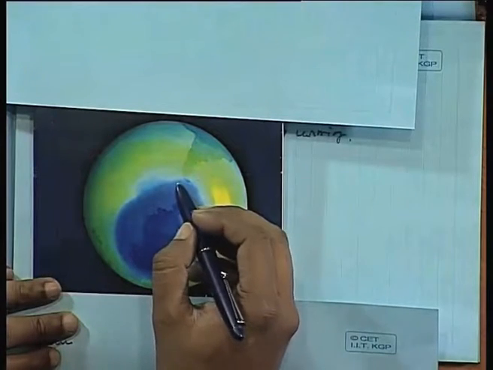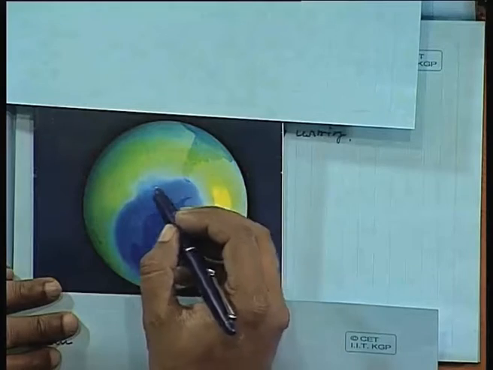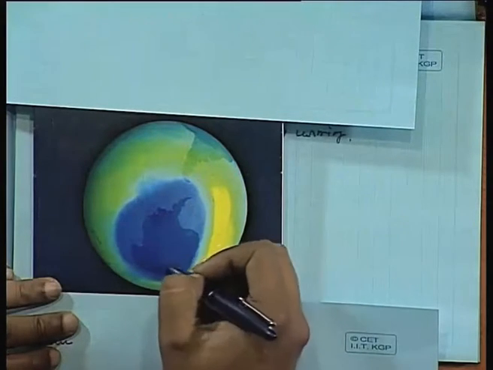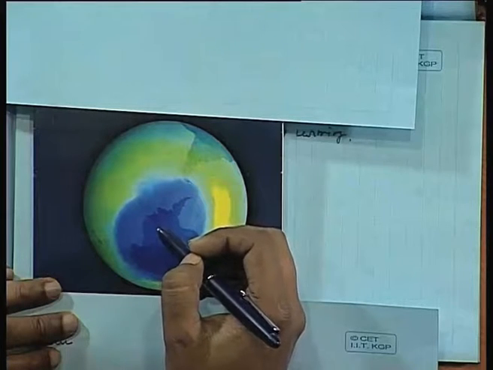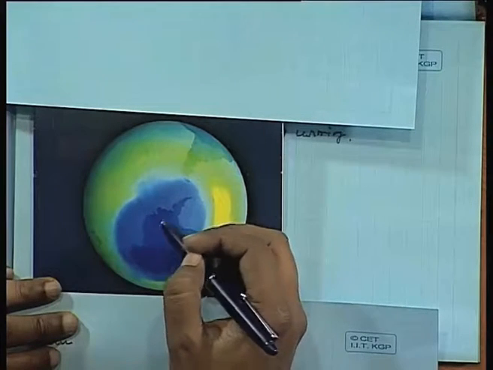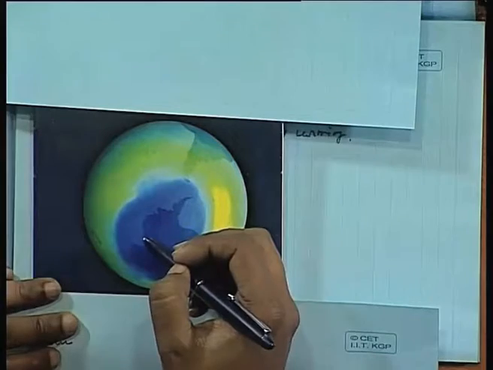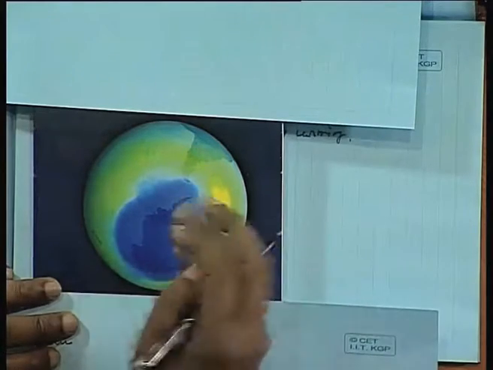As a result, there will be a higher incidence of skin cancer, several skin related diseases, and eye related diseases. Wherever there is an exposure, whatever is exposed to that radiation would be affected. So this is precisely what the ozone hole is, and why it is so important.